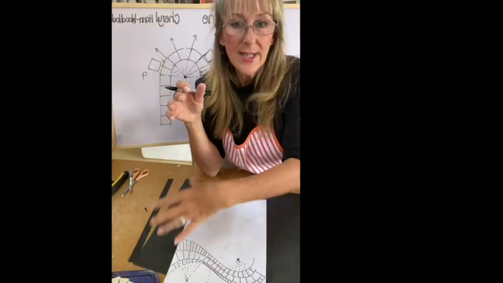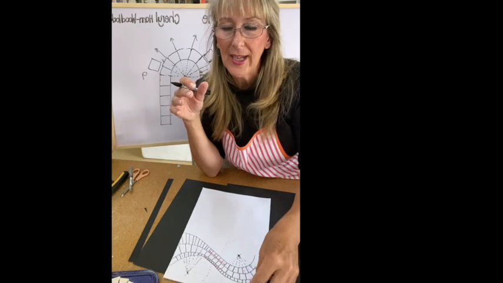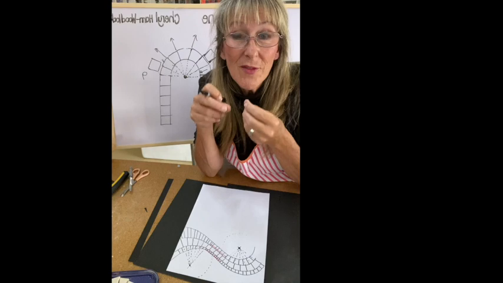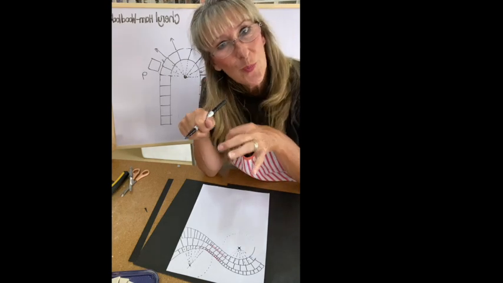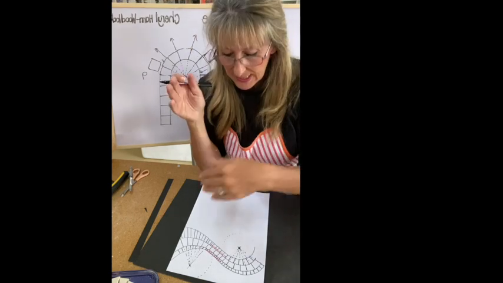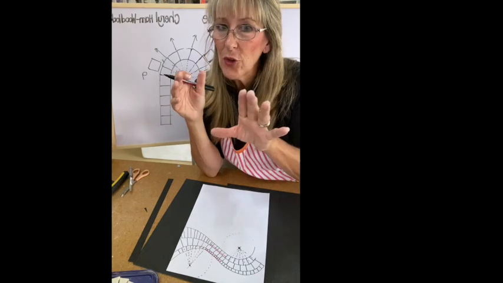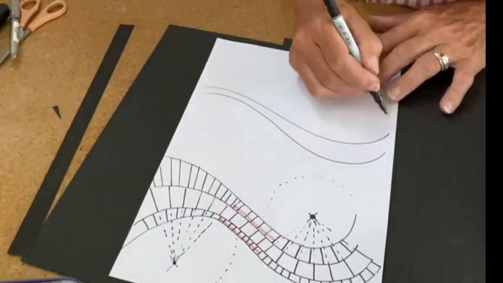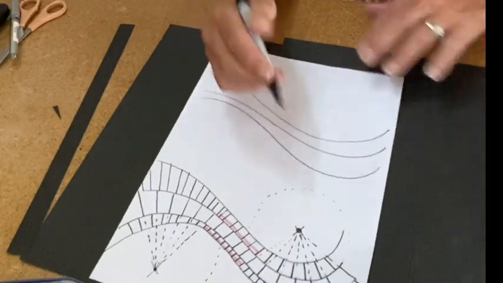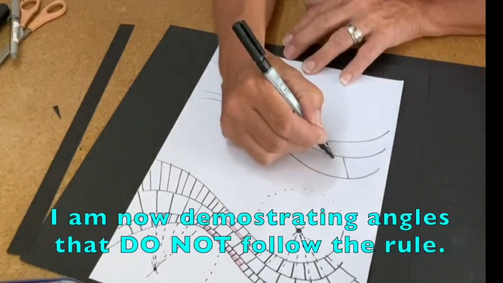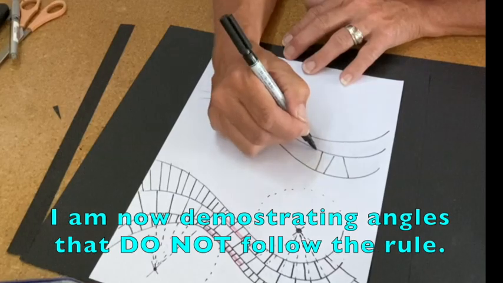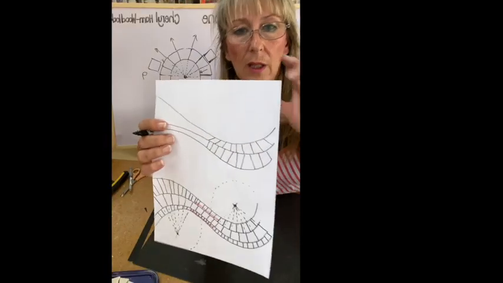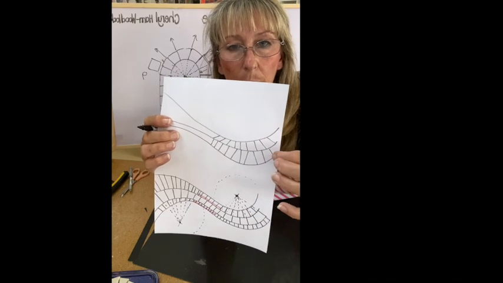Having said all this and having these beautiful curves that are happening, you can break the rules, but you have to understand the rules to break them. Often when we see this sort of curves, I'll show you what we often get. We often see this sort of thing happening.